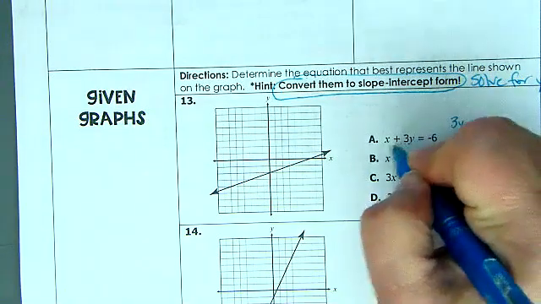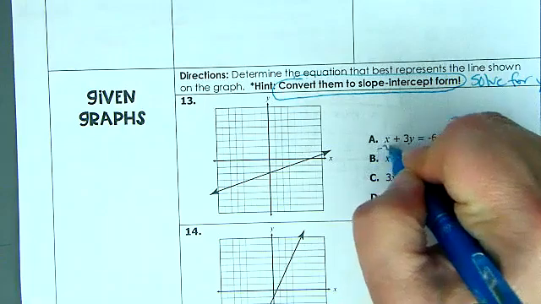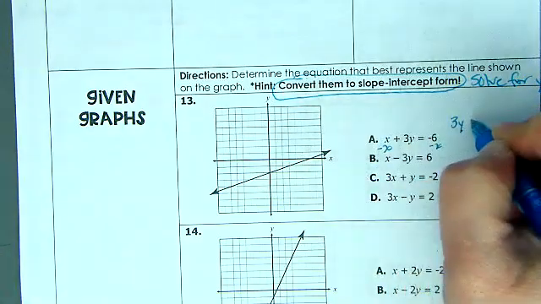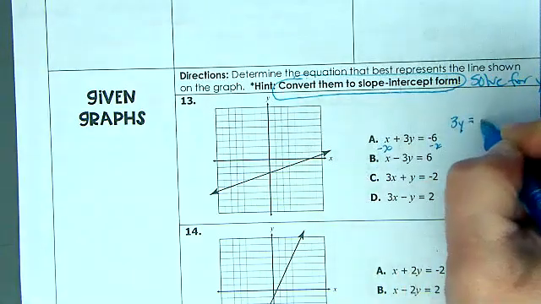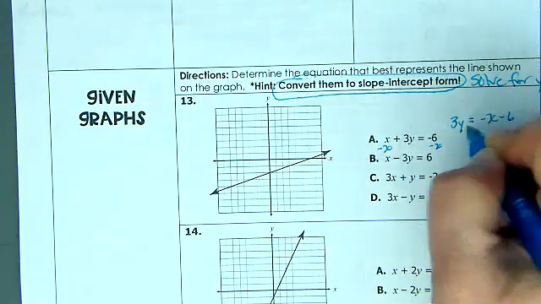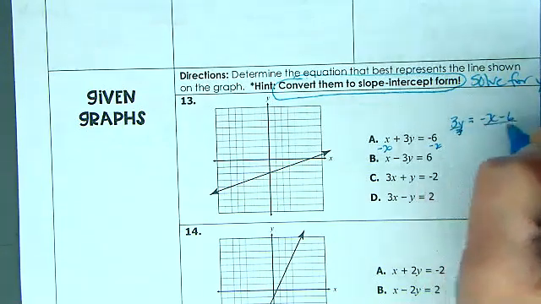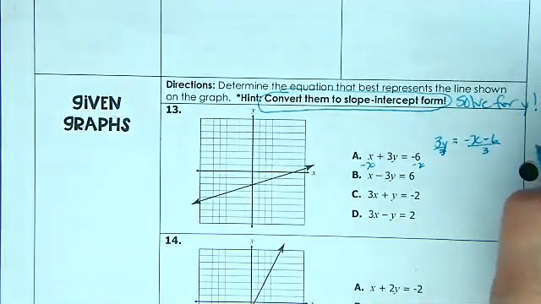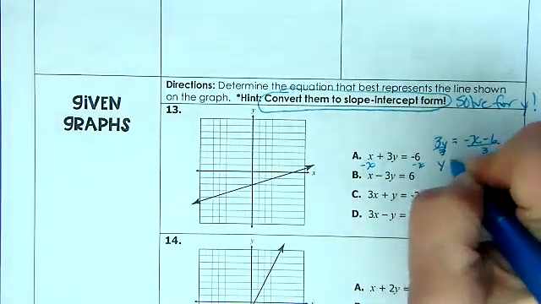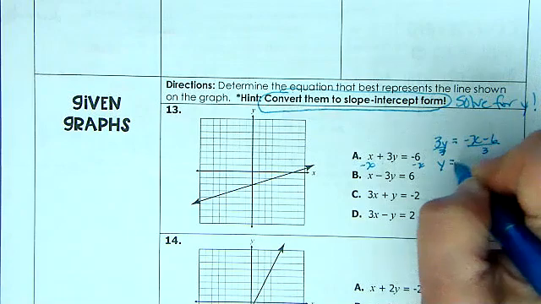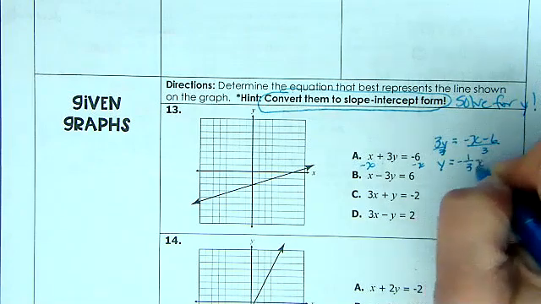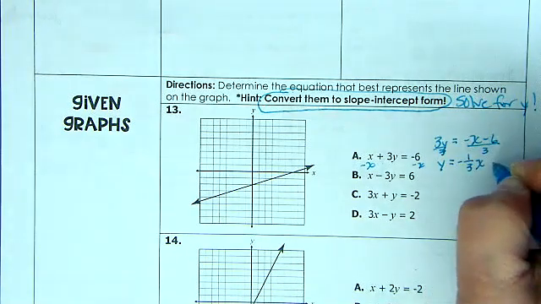3y, because I'm going to subtract x. So I'm going to have 3y equals negative x minus 6. Divide by 3, divide by 3. And I end up with y equals negative 1/3 x minus 2.